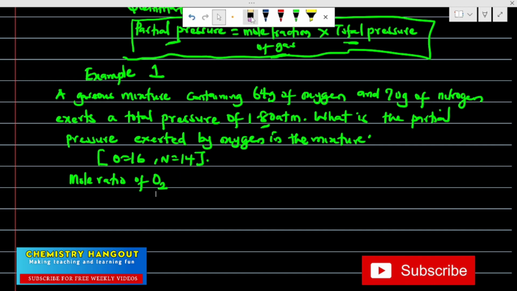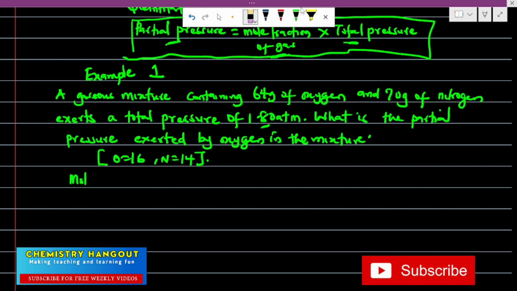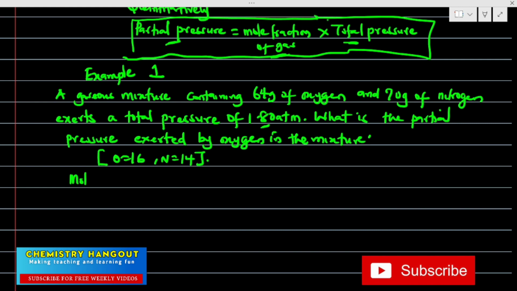Let me use my eraser here. So let's take the mole of oxygen first, so that it will be clearer and we will not make mistakes. How do we calculate mole? If you remember in our rudiment chemistry, the formula for calculating mole is mass over molar mass.